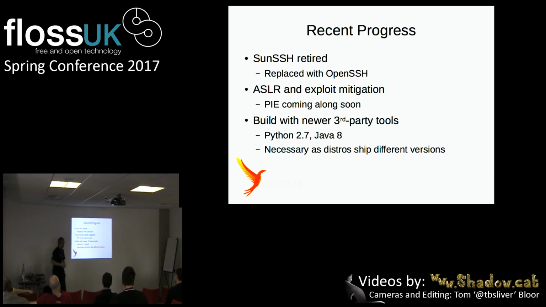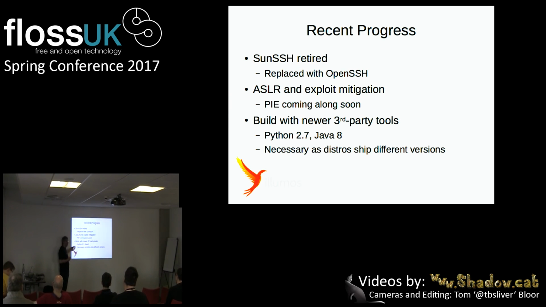And then eventually we just kicked Sun SSH out of the code base. Things like ASLR, exploit mitigation, position independent executables coming soon, sorts of things that people expect on other operating systems and we didn't have.